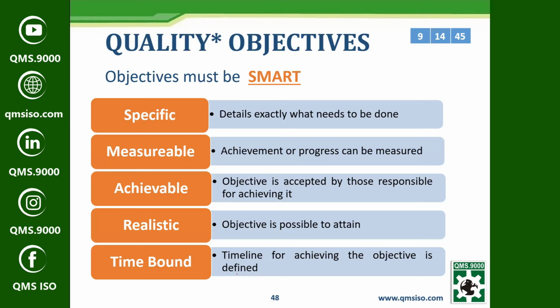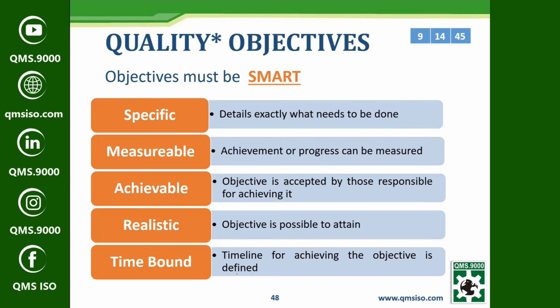The corporate organizational objectives and departmental objectives have to be according to your work philosophy. If you are developing objectives for your production department, you need to consider their scope of work. If you are developing objectives for your quality control or quality assurance, you have to consider that. So they should be specific.